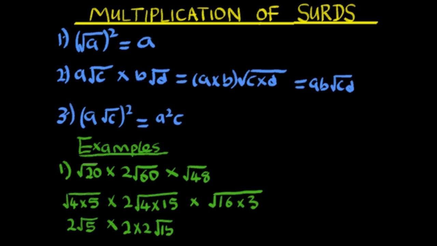So root 15 multiplied by the root of 16, which gives us 4. Then the root of 3 we'll write as root 3, because that is an irrational number. We write it in the short form.